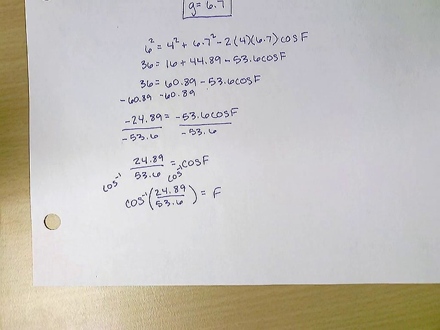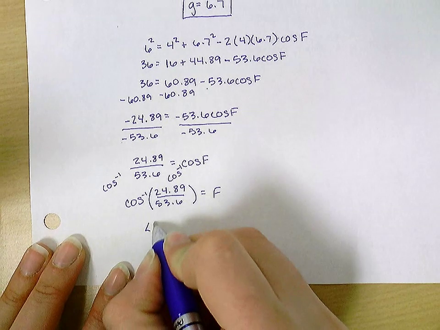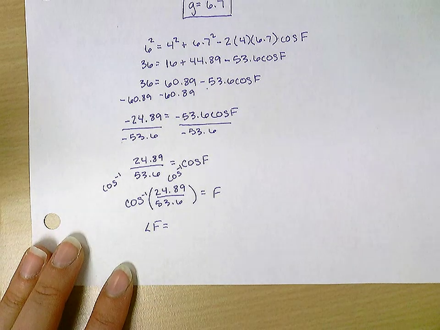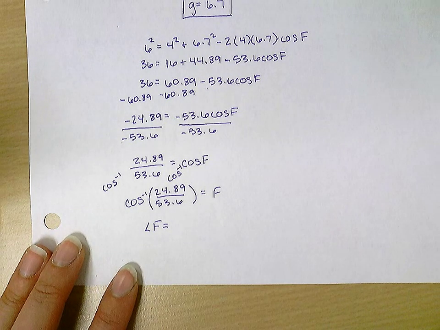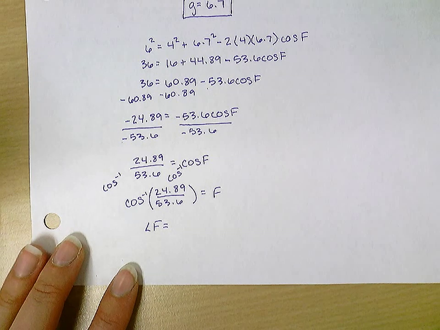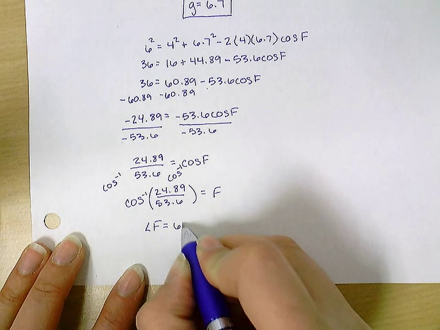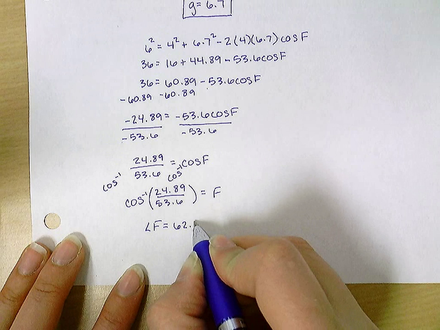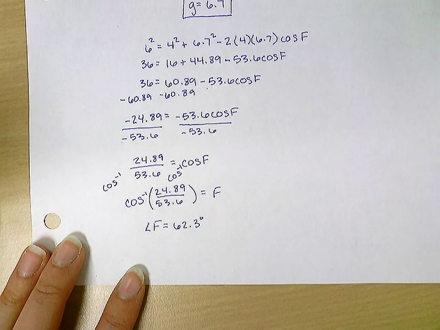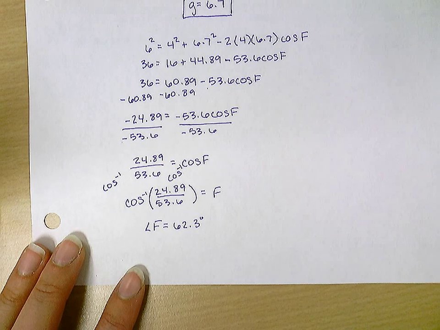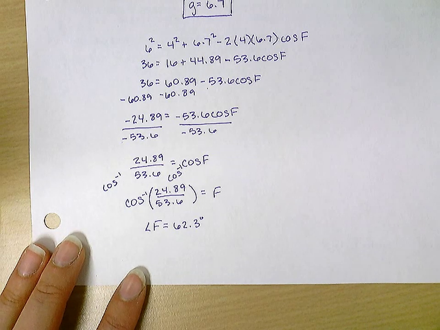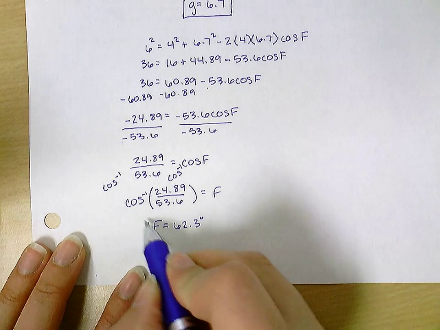And you can plug that into your calculator then. I got 62.3. If you want to round to the nearest degree, that's fine if you write 62.